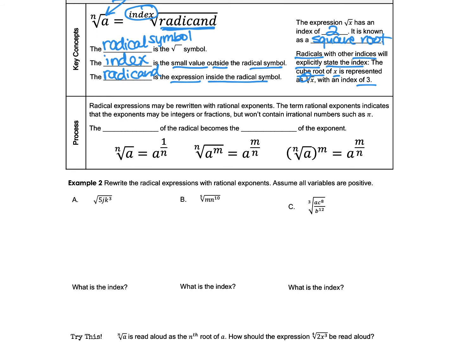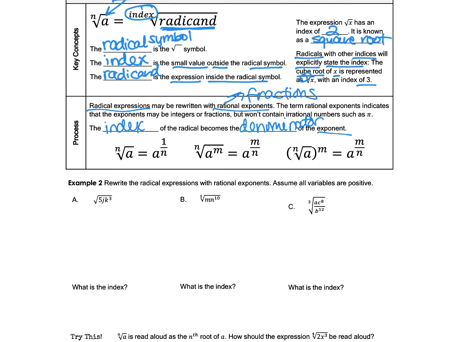So radical expressions may be written with rational exponents. Rational means fraction. The term rational exponents indicates that the exponents may be integers or fractions, but won't contain irrational numbers such as pi. So the index of a radical becomes the denominator of the exponent.